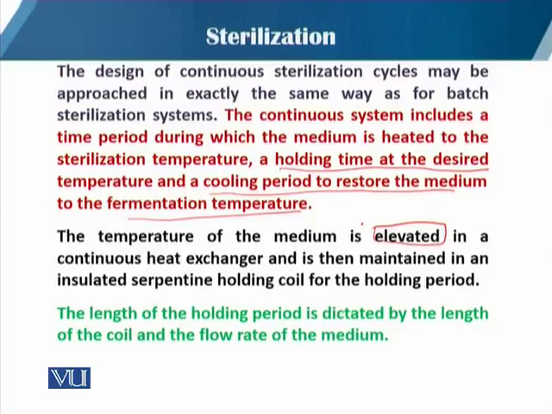So in continuous sterilization, the temperature of the medium is raised in a continuous heat exchanger and is then maintained in an insulated serpentine holding coil for the holding period. The length of the holding period is dictated by the length of the coil and the flow rate of the medium.